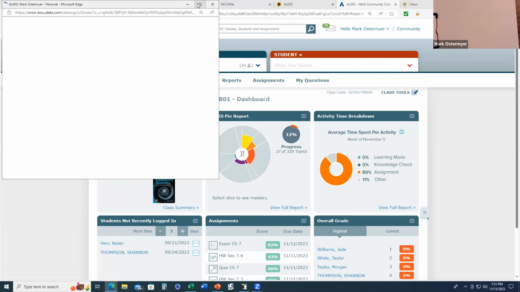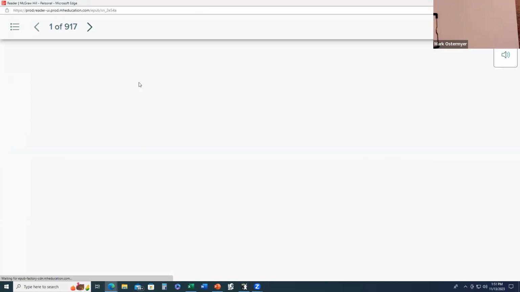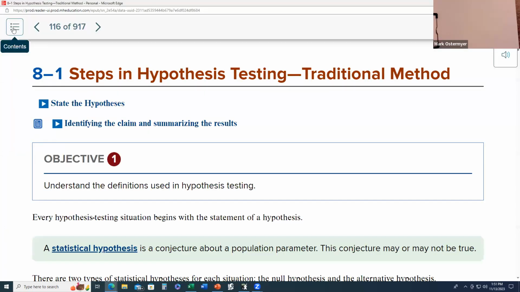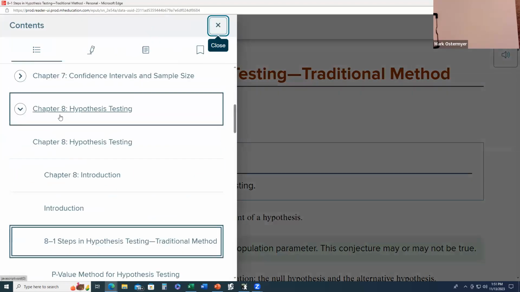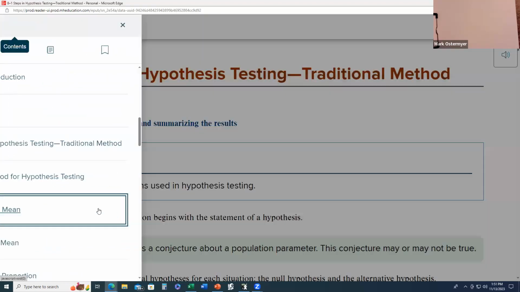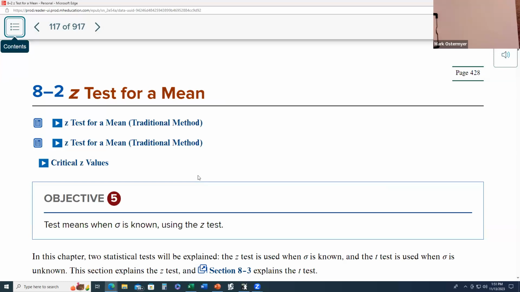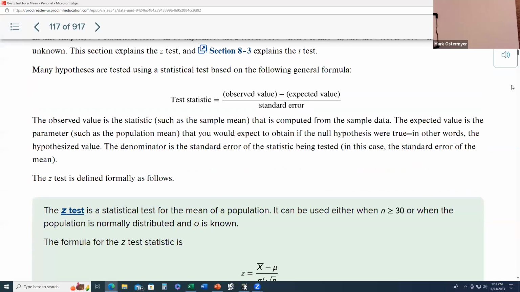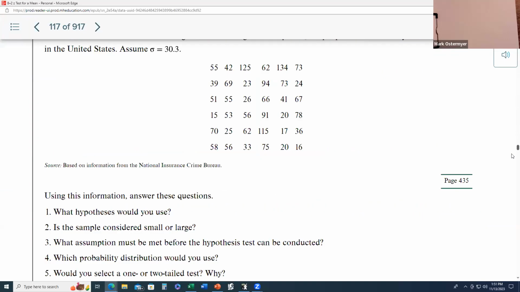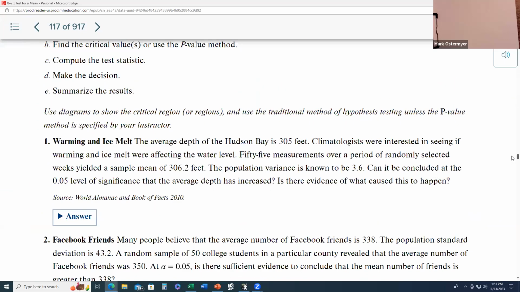So this is going to be section 8.2, and section 8.2 is entitled Z-test for a mean. As always, you can look down through the examples, but we're going to cut to the chase here.